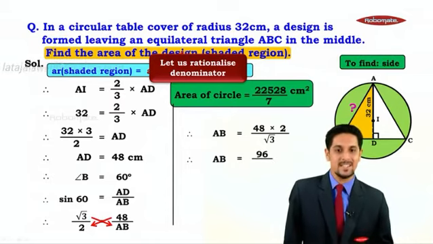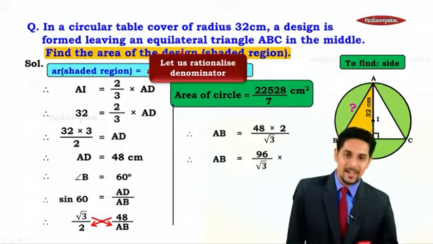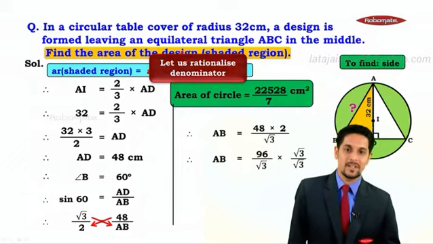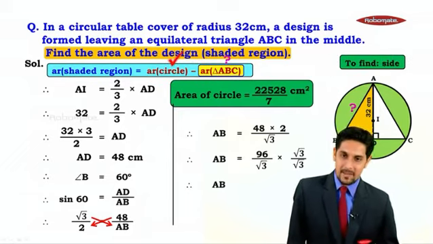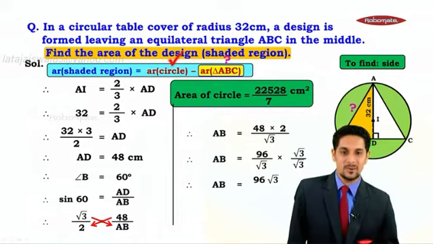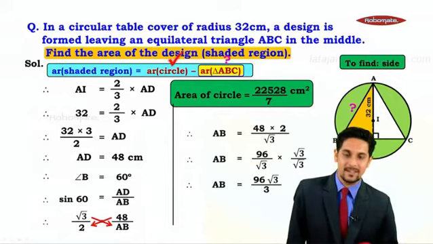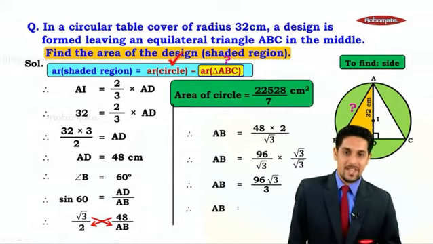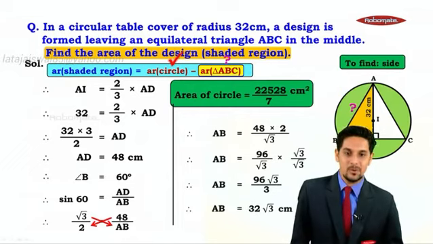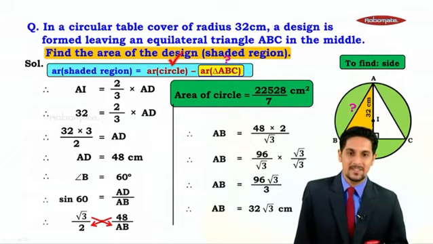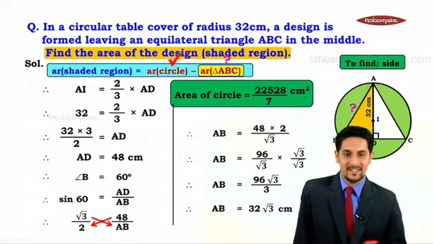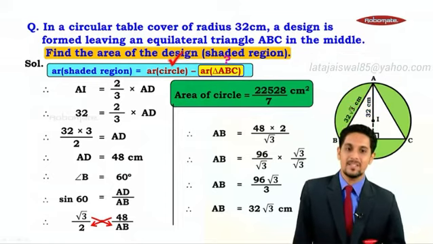So we have 96 upon root 3 into root 3 upon root 3. Further, AB is equal to 96 root 3 upon 3. Therefore, we have AB is equal to 32 root 3 centimeters. Students, we have calculated the side of the triangle ABC.